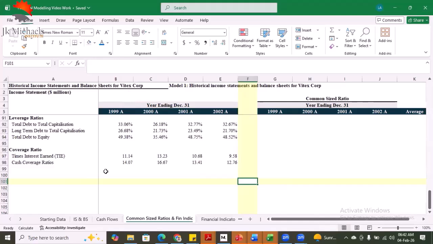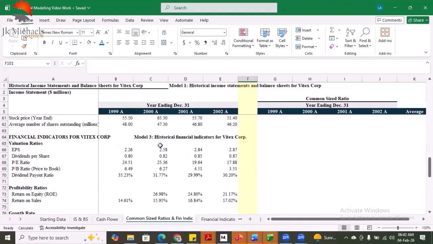We've also gone beyond that to do common size ratios on our income statement and our balance sheet. And now we've been able to do the historical financial indicators. Now we've closed out. The next thing we want to do is projected. So we'll now get into the next level, which will be forecast.